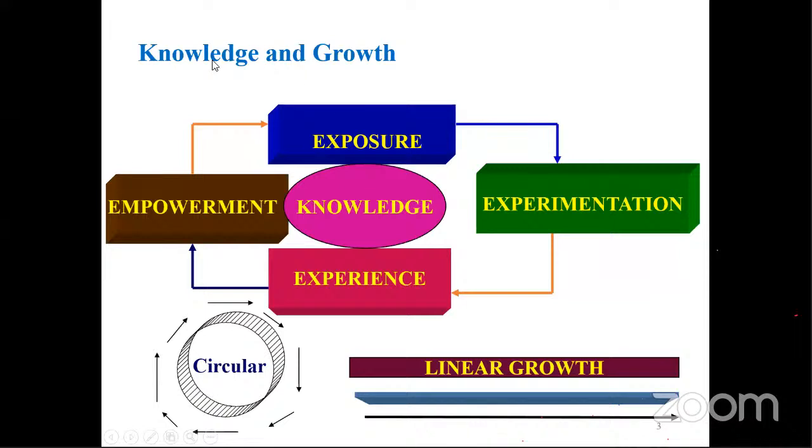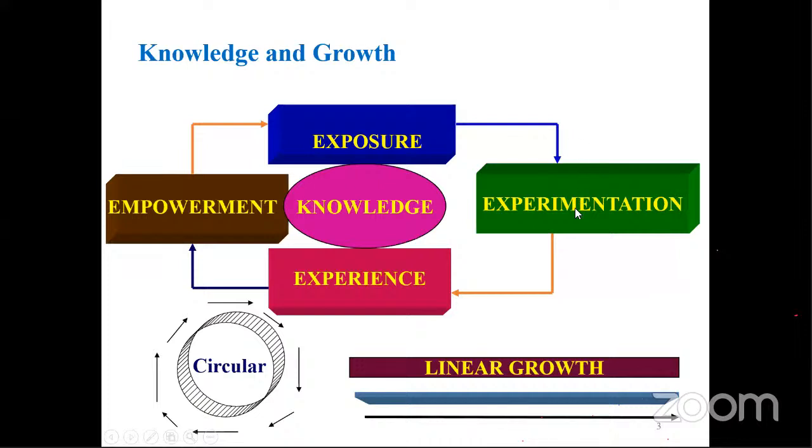So you see here knowledge and growth. How we are actually doing these things. So exposure. This is a cycle of knowledge, how it is empowering. Exposure means you need to have clarity on what you are going to do, and exposure to a particular information, and you are going to do experimentation with that.